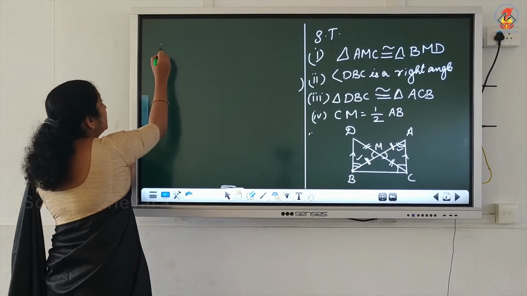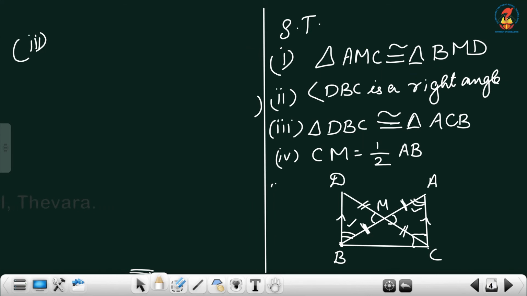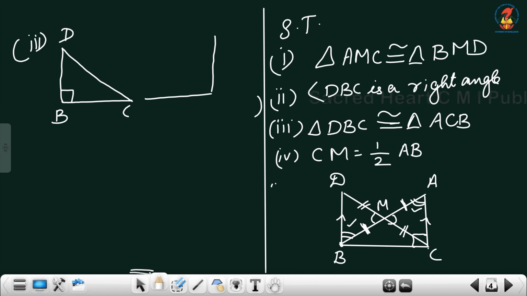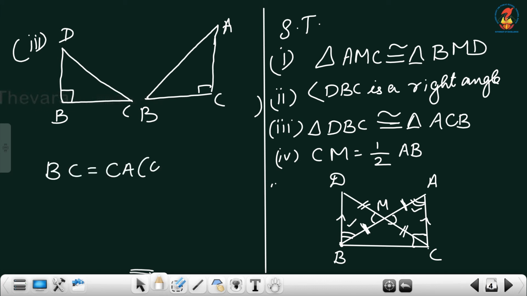Next, what we have to prove is triangle DBC. I will draw that once again, DBC. Triangle DBC, in which B is 90 degree, is congruent to triangle ACB, in which C is 90 degree. So, any common side here? Yes, BC and CB are common. So, if you want to keep one over the other, you have to turn and keep. So, BC is equal to CB common.